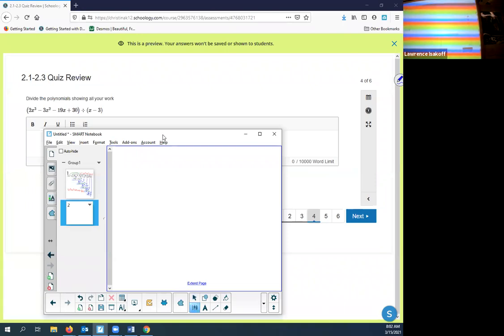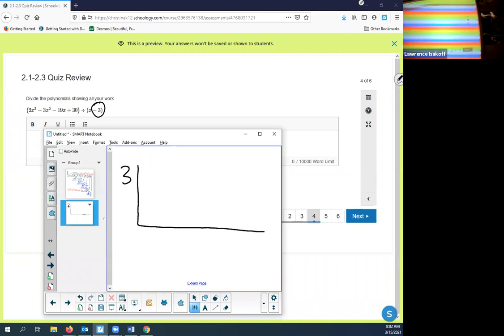This is a -3. I flip it to a +3. Remember, always change the sign on whatever is right here. The only time we don't change the sign is when we're plugging in. So then it's a 2, a -3, a -19, and a 30.